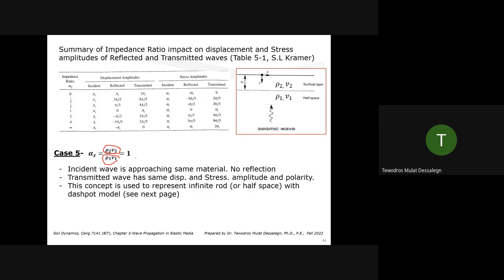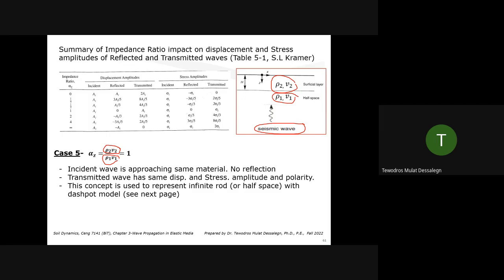If the impedance ratio is 1, the product of these two is the same as the product of these two, telling us the incident wave is feeling the same material. There is no difference really. You can have different densities, different velocities, but as far as the product is the same, the seismic wave feels as if it's entering the same material, as if there is no stratification.